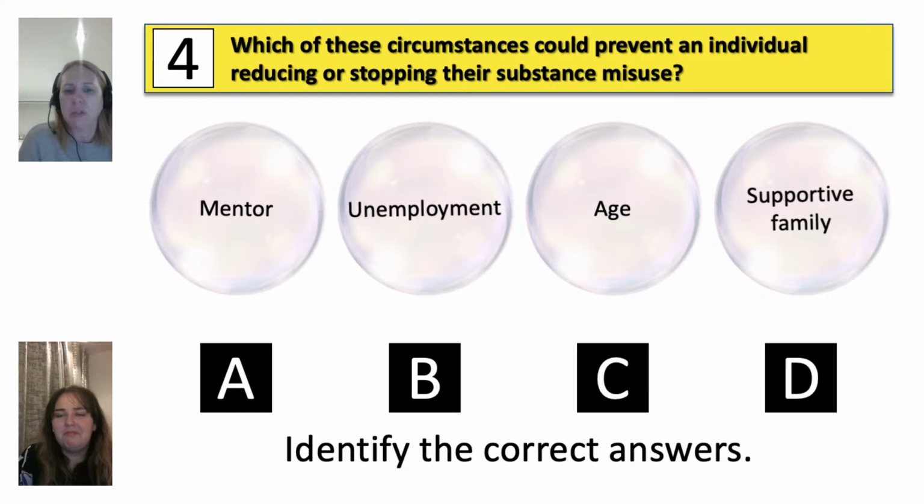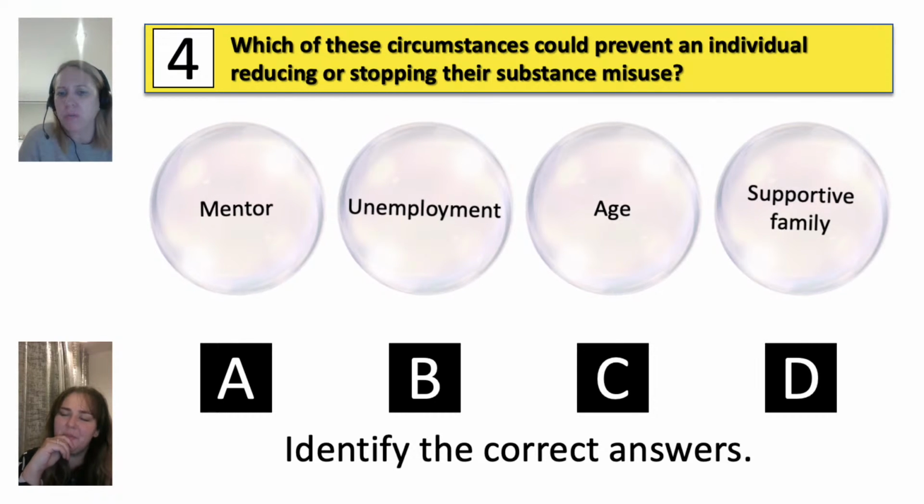So let's have a little look. What does everybody think? I think this is a really difficult one. It is a bit more tricky, isn't it? I guess if you think somebody might be misusing prescription drugs, or they might be smoking cannabis, for example. And they want to stop. Which of these things might not help that?